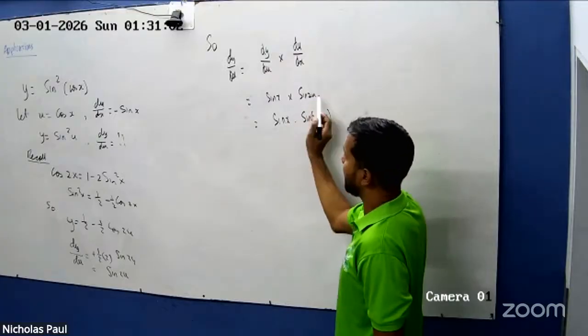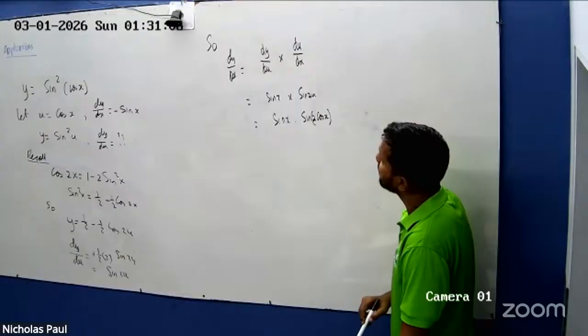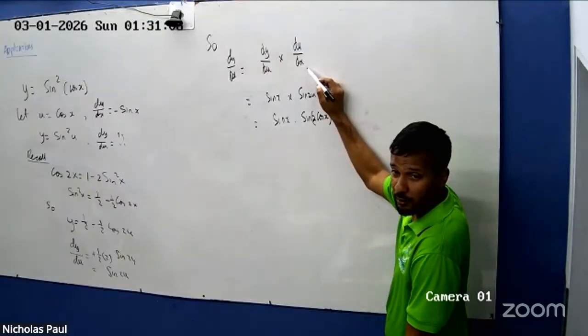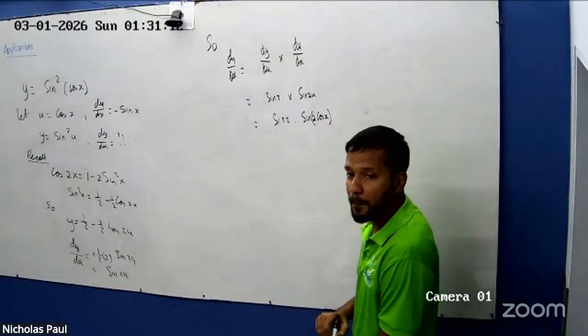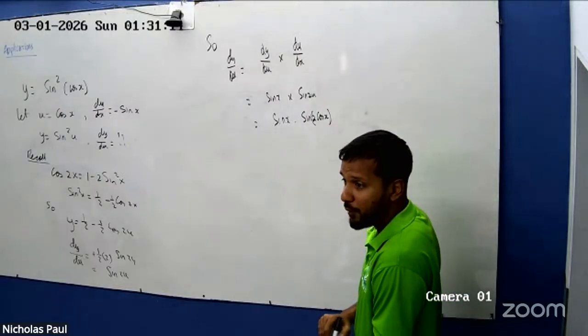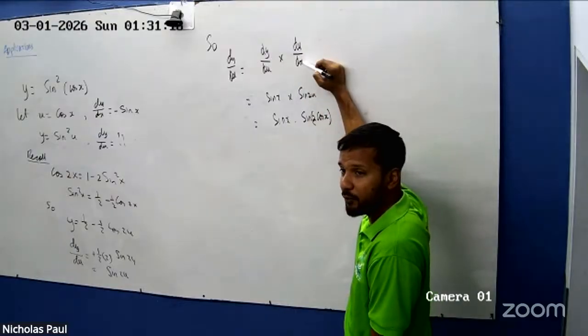Well, I mixed it up, sorry. I wrote it back to front. I just wrote u like a y. Are you okay with that? So dy du by du dx.